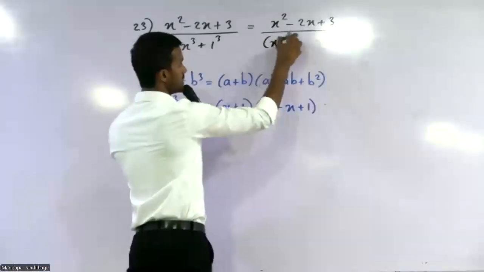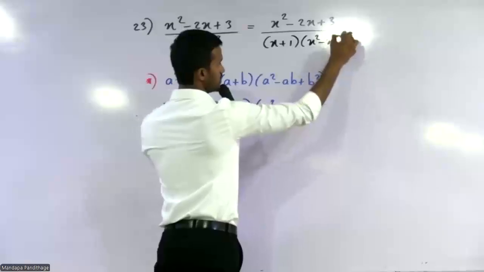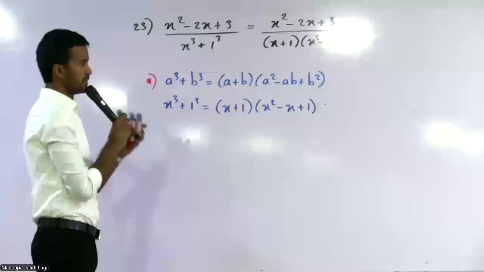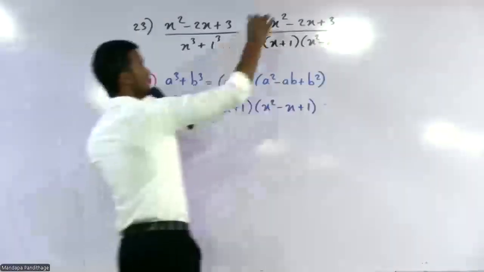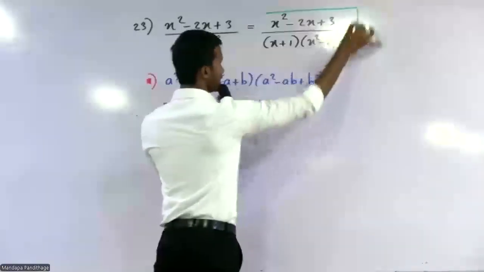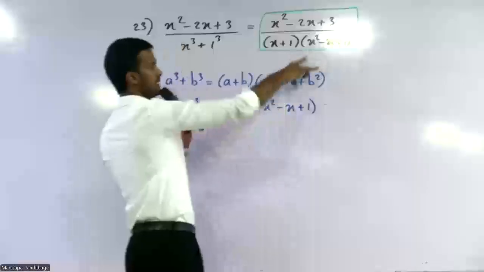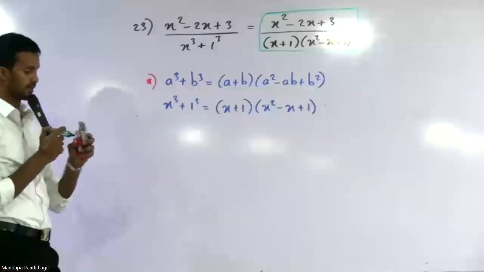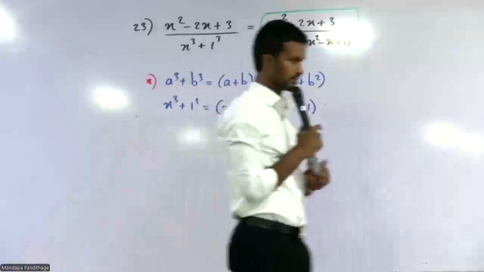It's x plus 1, x squared minus x plus 1, using the addition of two cubes identity. If you can't remember, write this at the top or bottom of the book, and then do the remaining work. You can see it's the same format as that one. Remaining part you can do. Complete the work.